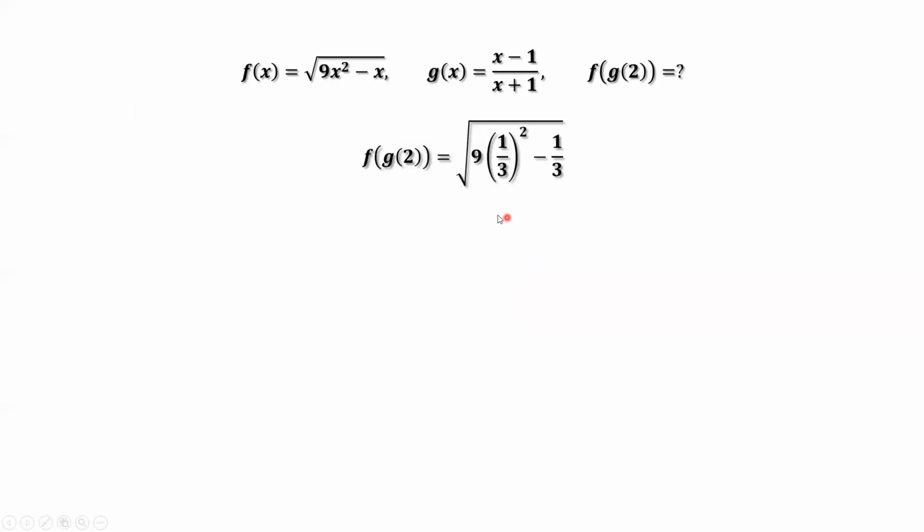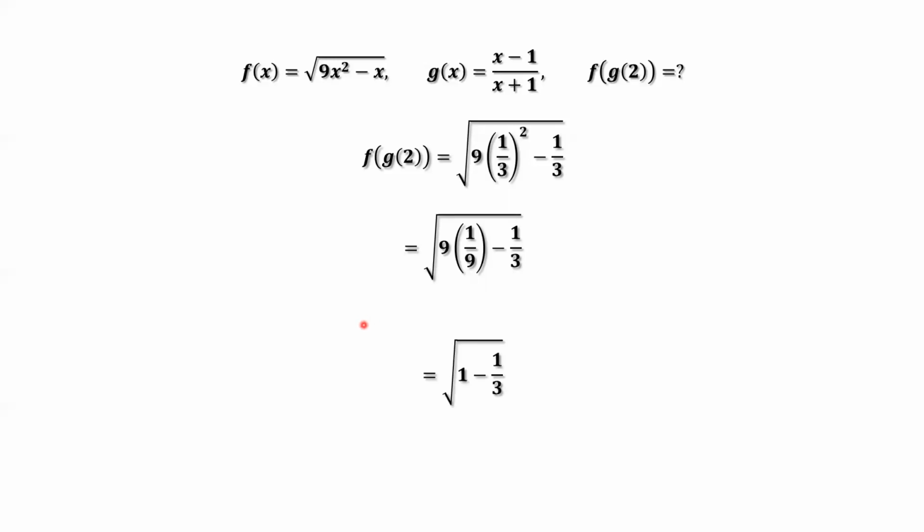Continue to simplify the inside part of the square root from the right-hand side. We have f of g of 2 equals square root of 9 times 1/9 minus 1/3. We continue to simplify the right-hand side.